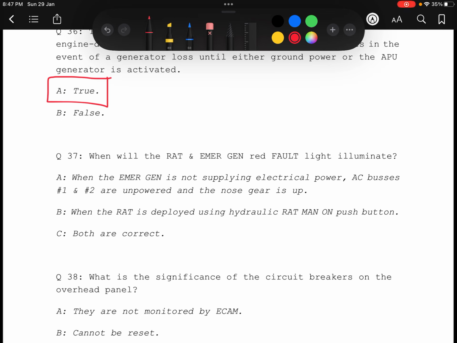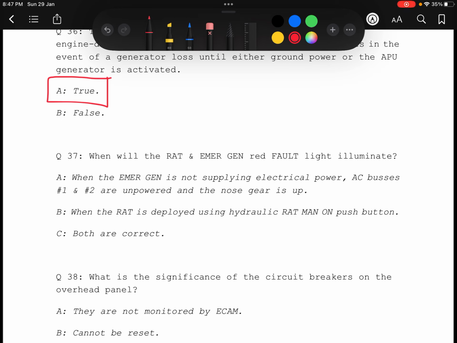Okay, the controls and indicators. Which panel? Correction, it is the overhead panel. This red EMER fault light, number 2. So we'll go to number 2. Here is the information, right?